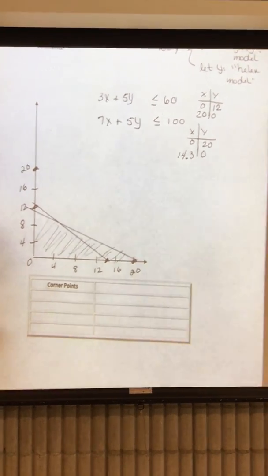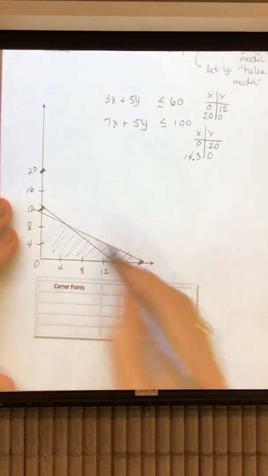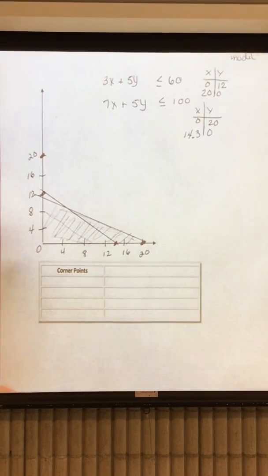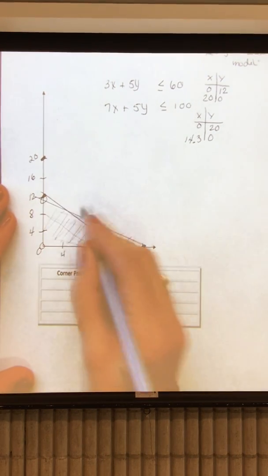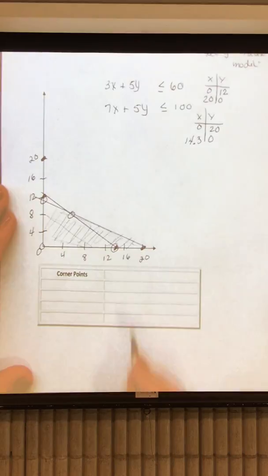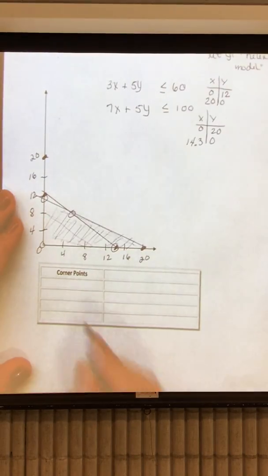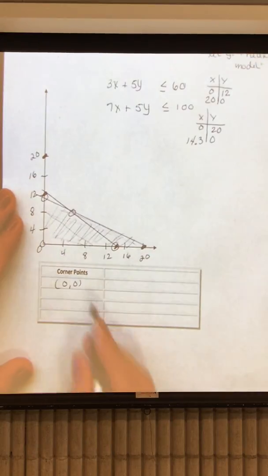To find the corner points, you're shading below. Looking at our corner points, we have 1, 2, 3, 4. Our first corner is (0, 0). Our second corner is (0, 12).